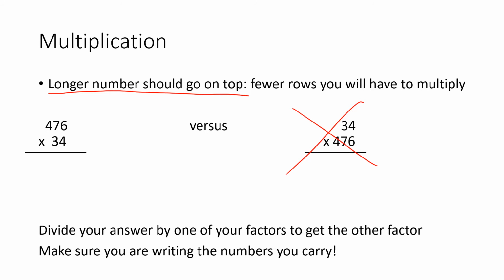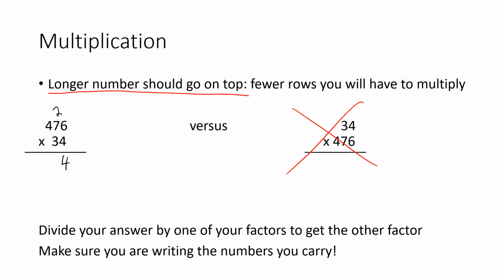So let's look at our multiplication problem over there on the left. 476 times 34. So when we multiply, we always want to start with the very first number on the right, whatever's in our ones place. In this case, it's that 4 right there. So we'll start by saying 4 times 6, times the number right above it. 4 times 6 is 24. We'll write down the number in the ones place, which is the 4, and carry the 2 in the tens place.